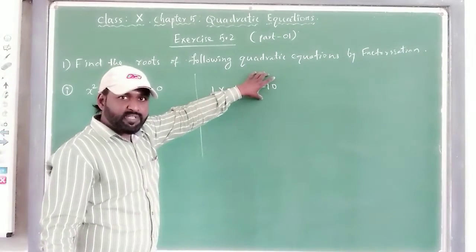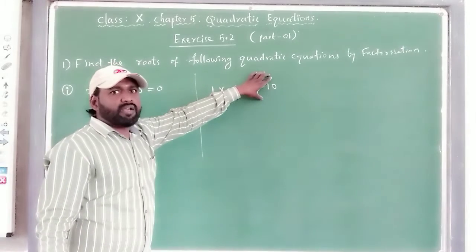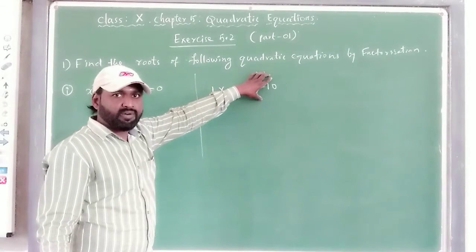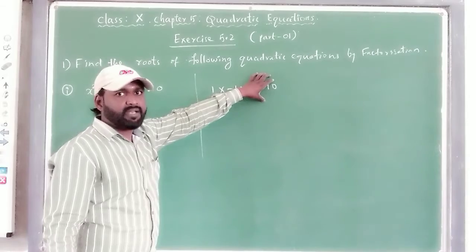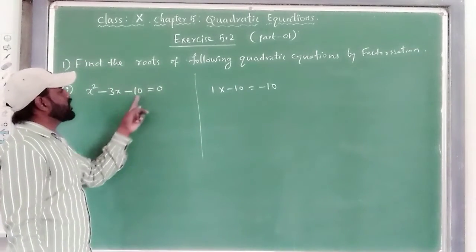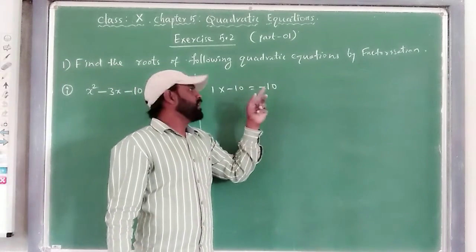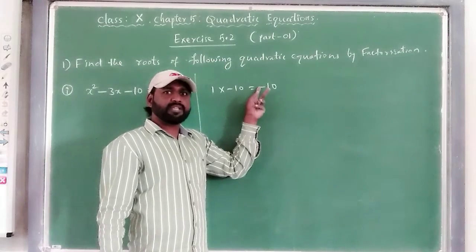Taking any two factors of the product of the coefficient of x square and the constant term, whatever the value you are going to get, here we got coefficient of x square is 1 and the constant term is minus 10. The product of those two terms is minus 10. This number, forget about this sign, let us discuss the sign later.